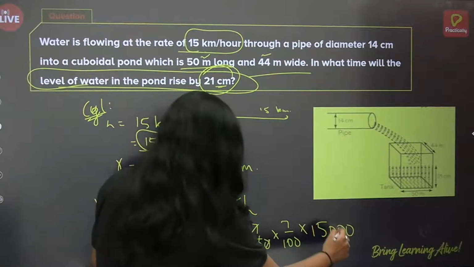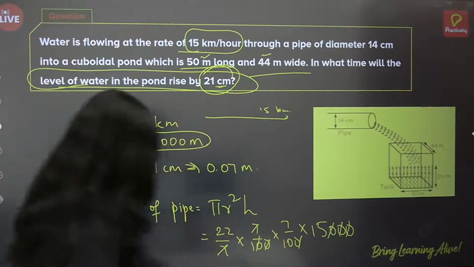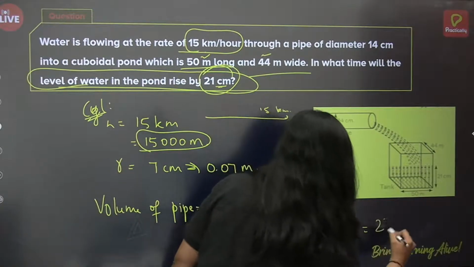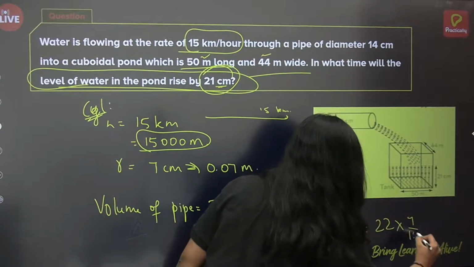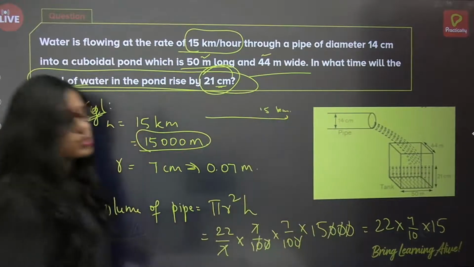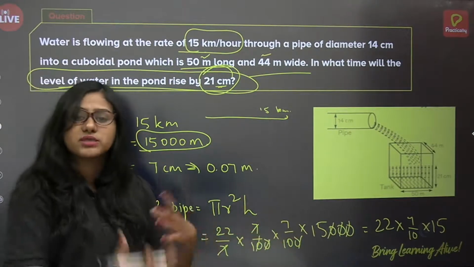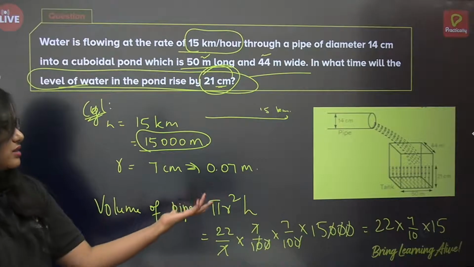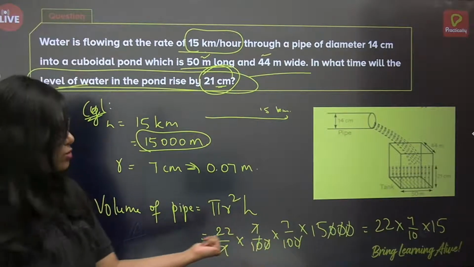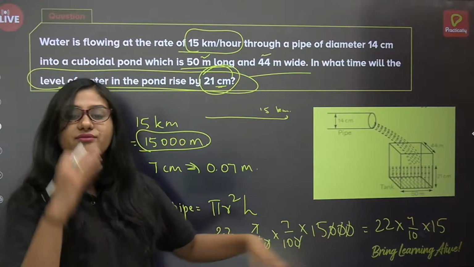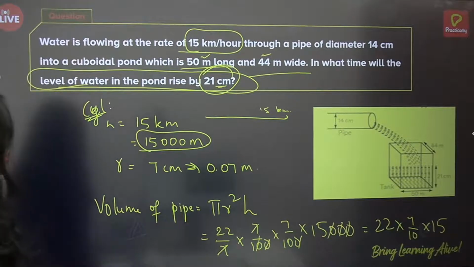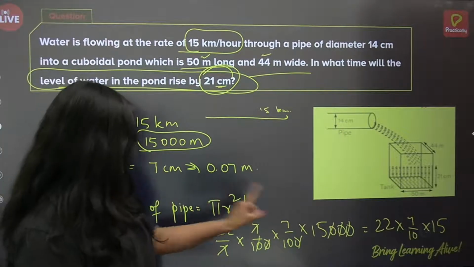So 22 into 7 into 22 into 7 by 10 into, what is this? 15. Correct? Let's keep it like that, because the calculation seems time consuming. So just let us leave it like that, and while finding the time, let us see the cancellation. Okay? Right. So, did we take this correct? 22 into 7 by 10 into 15.